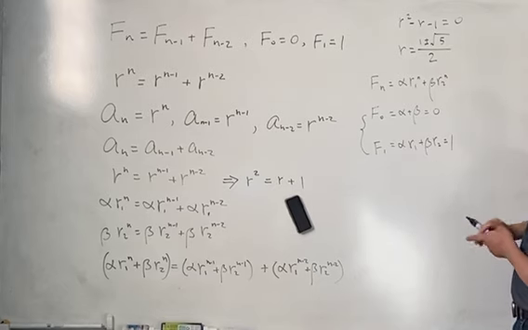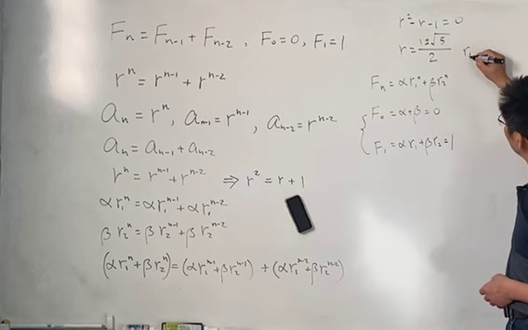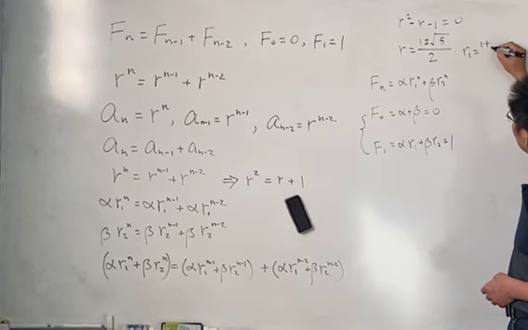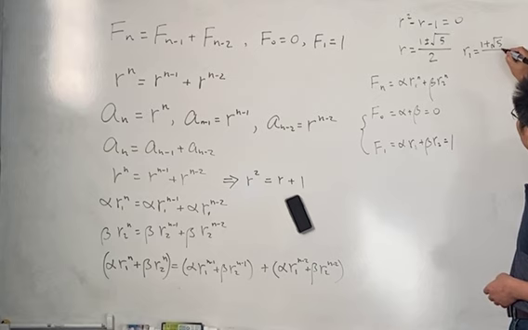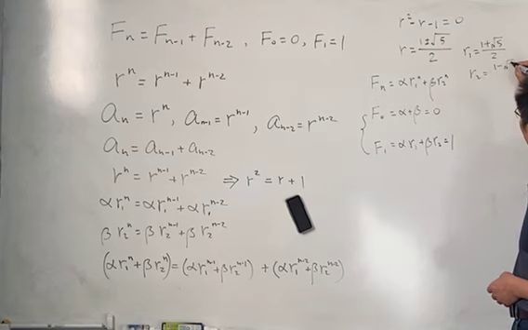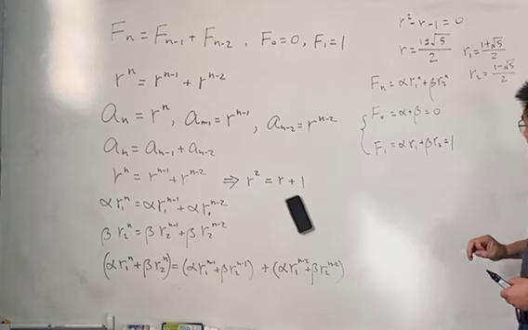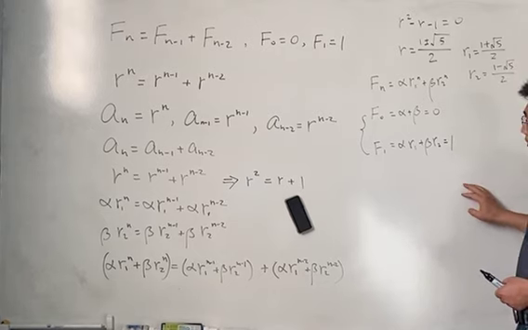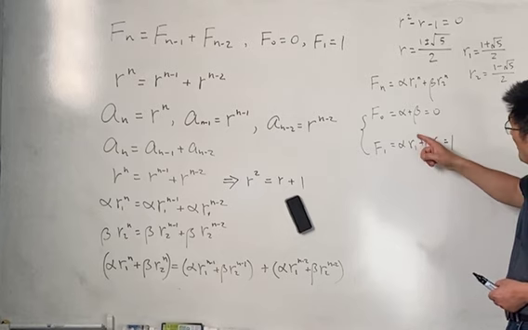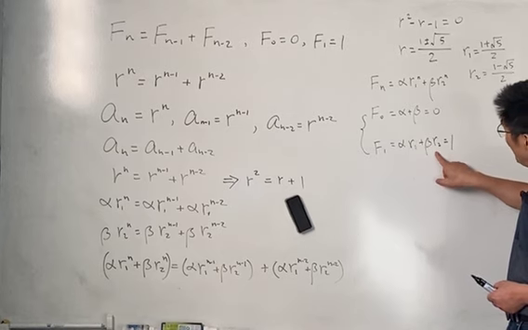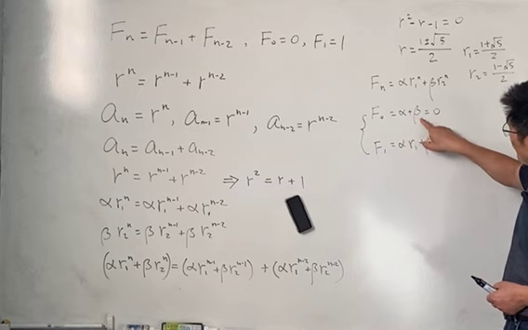Now I'm going to say clearly that this is r sub 1 and this is r sub 2. So this is known, this is known. We don't know this, we don't know this.